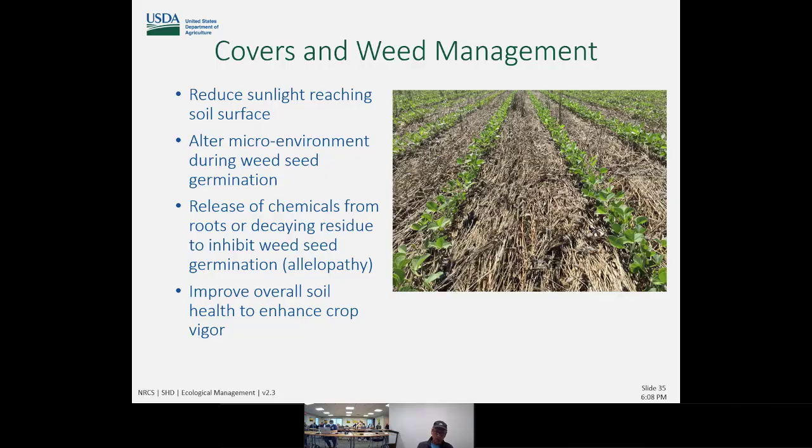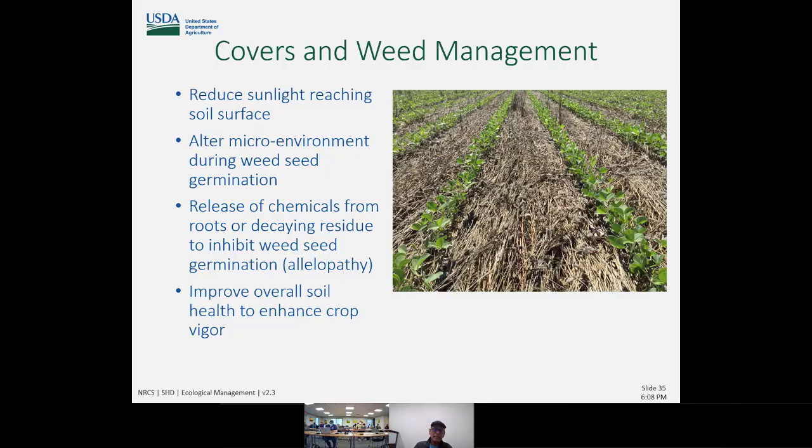Another thing is that we can also use a different strategy to control weeds. One of them would be row crop spacing.